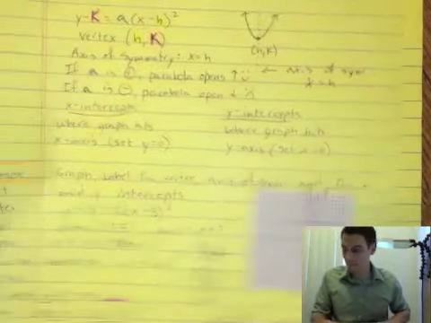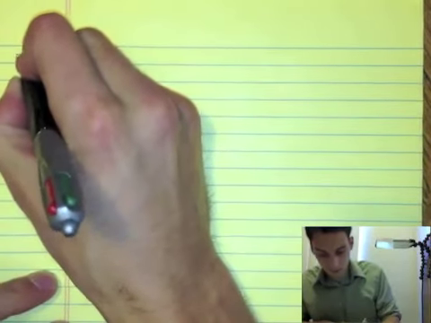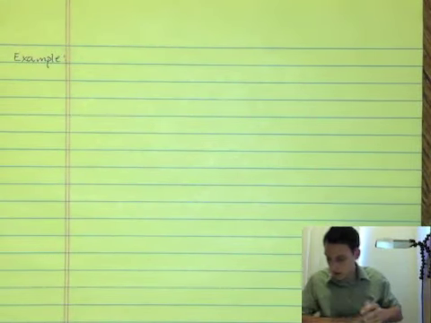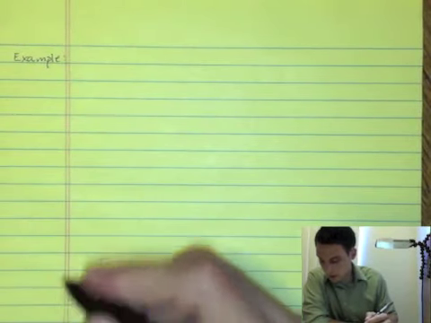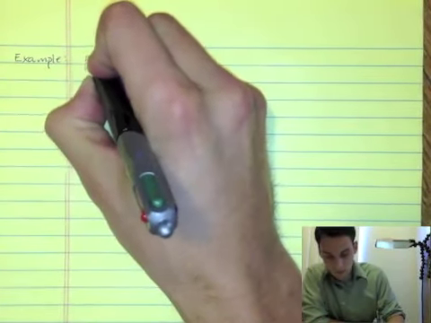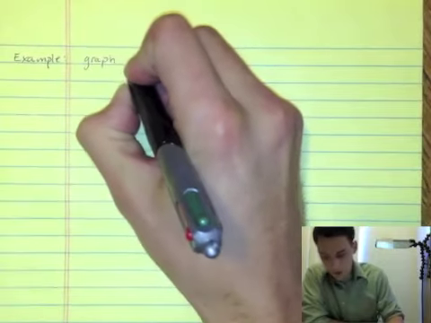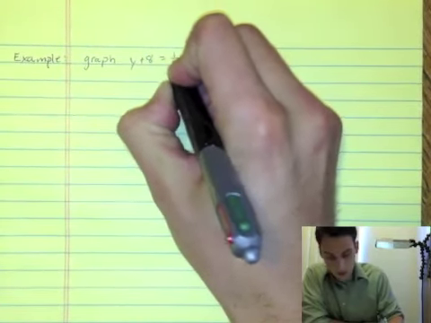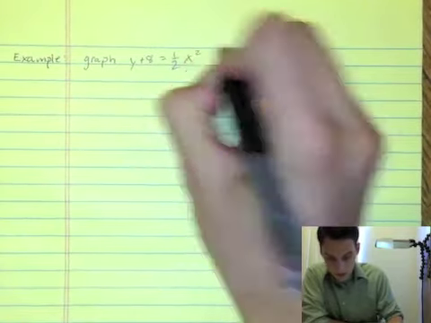Alright, next page. So this one will be similar. Graph y plus 8 equals 1/2 times x squared.